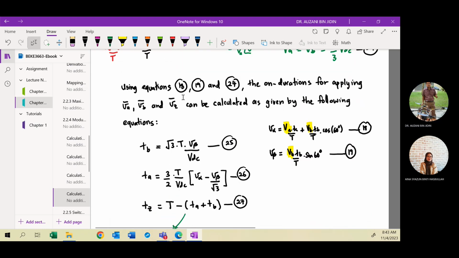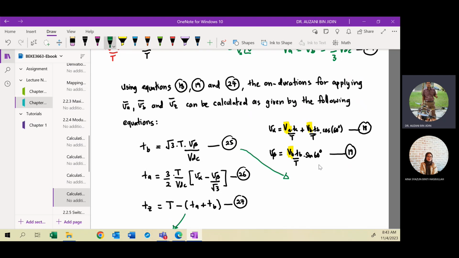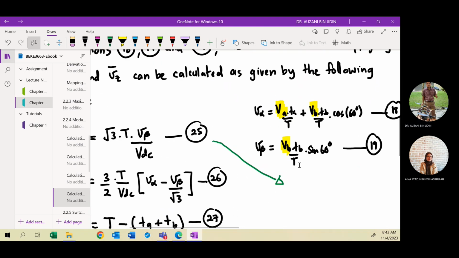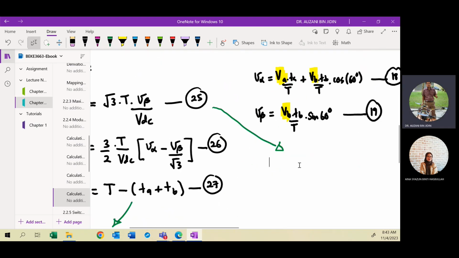Okay, you try. Apply these three equations, 18, 19 and 24. Trust me, you can obtain the equations for TB and TA. For example, for calculating TB, you rearrange equation 19 for solving TB.